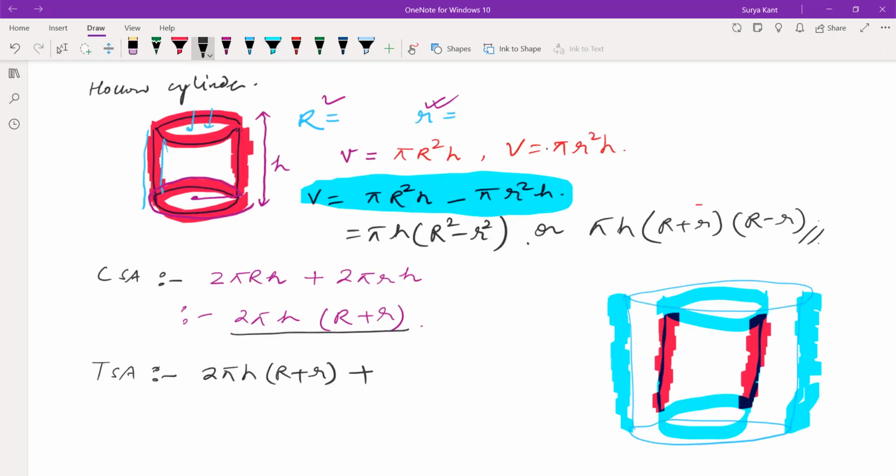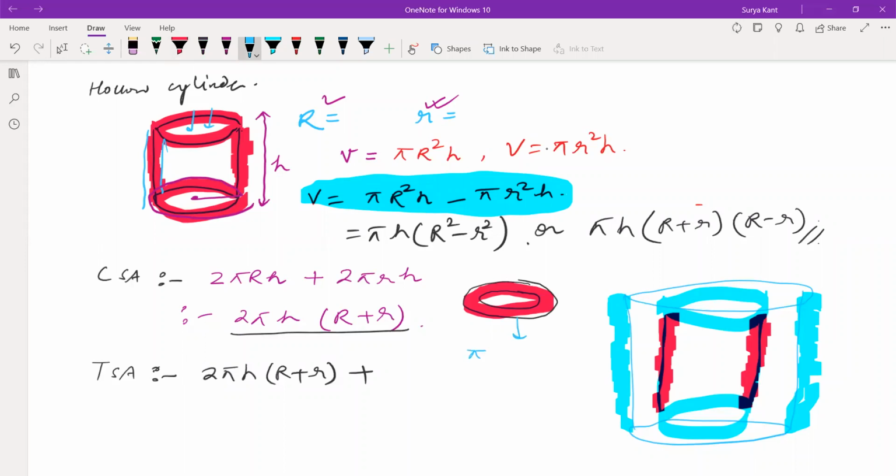The area which we can't touch. See, now I'm looking at the top part, just taking it out. If you see the top part, you will get it like this, you think it, right? So what is the area of this one? Tell me, what is the area of this one?